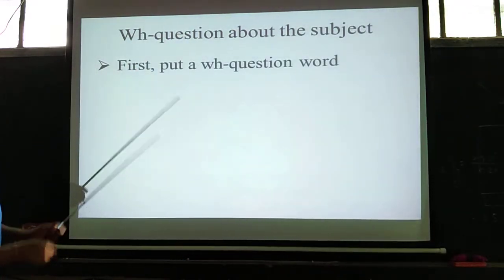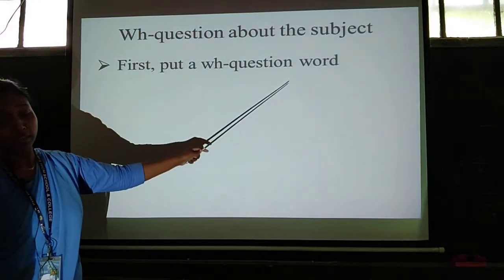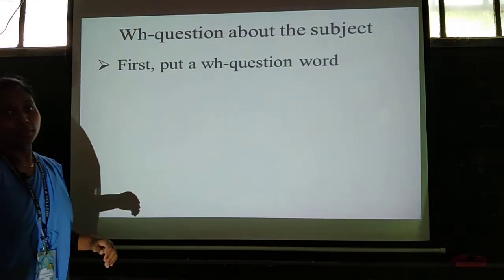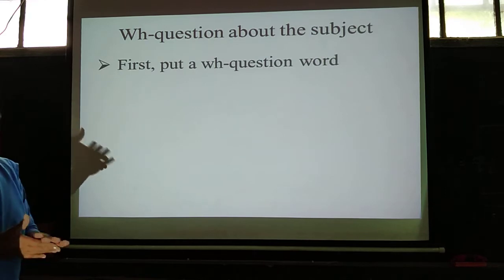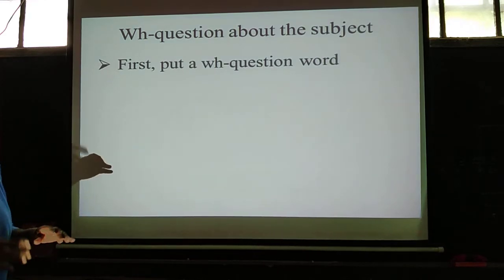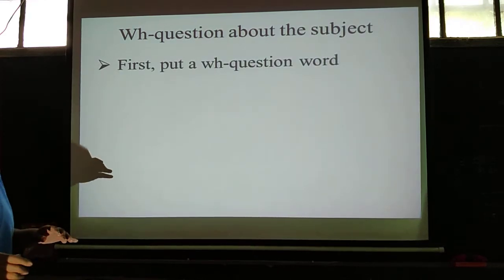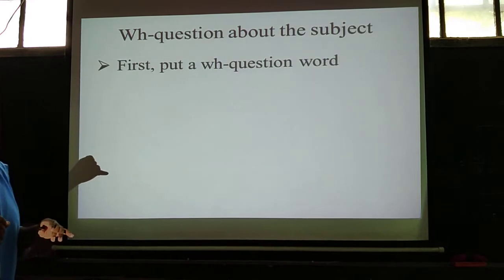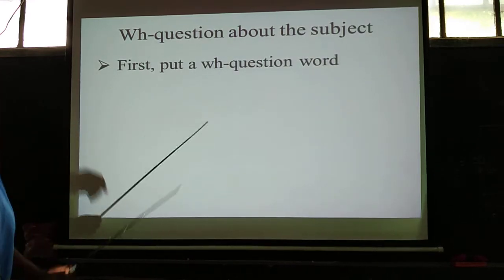First, you have to put a WH question word. And what will be your WH question word? You have already seen many WH question words, but you have to choose the right WH question word according to the subject.